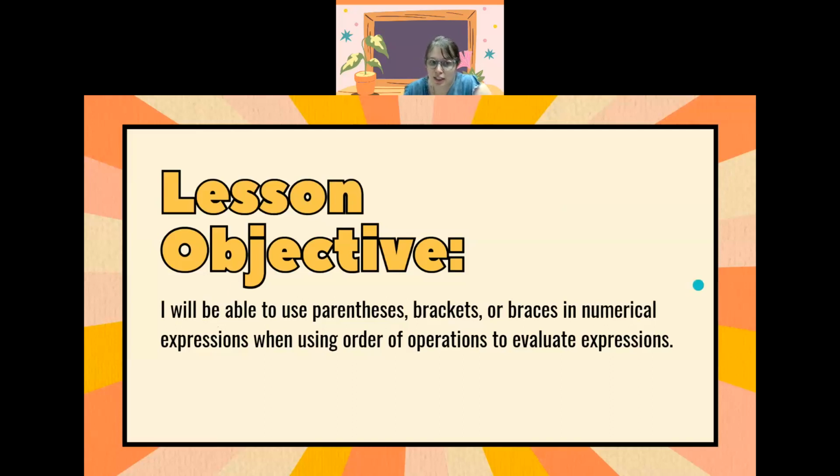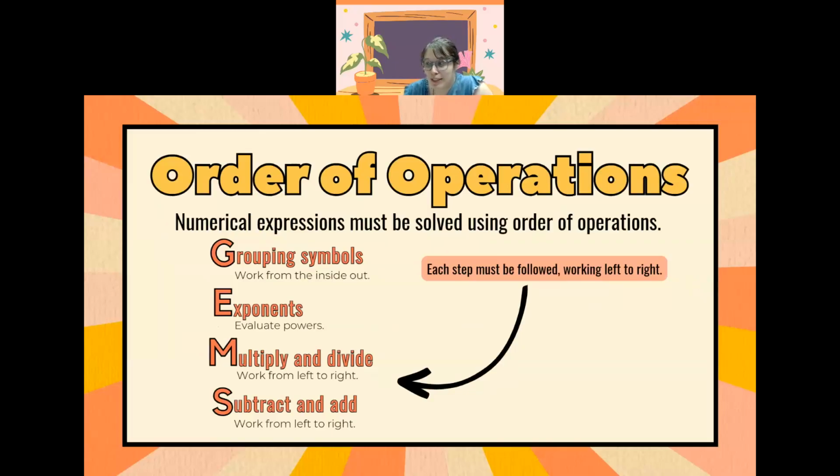So let's look at the best way to remember it, which is to remember these little expressions. A numerical expression can be solved using this one, which is GEMS. That is grouping symbols first, and then exponents, multiply and divide, and then subtract and add.